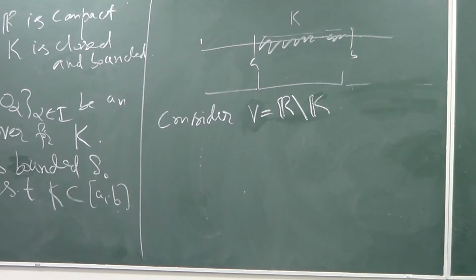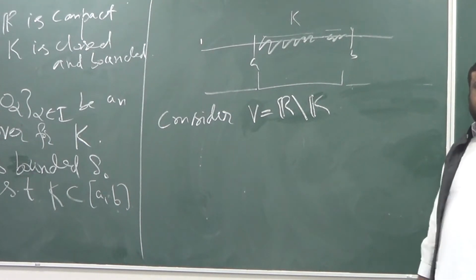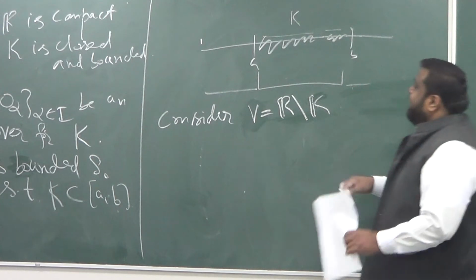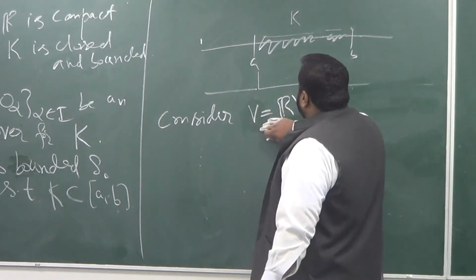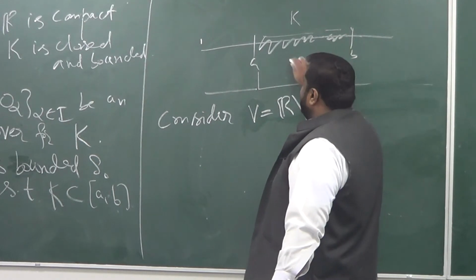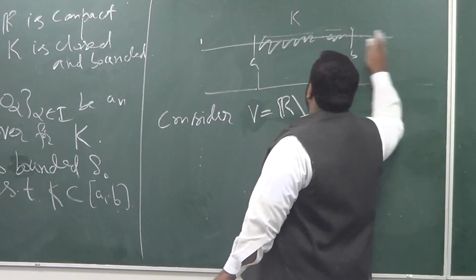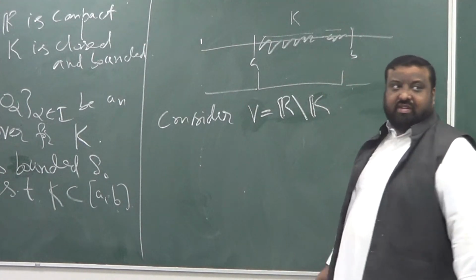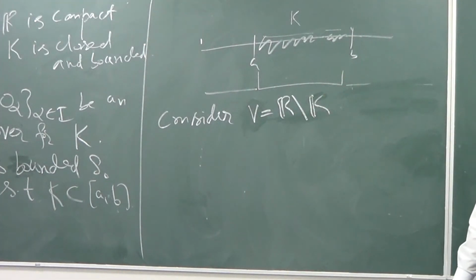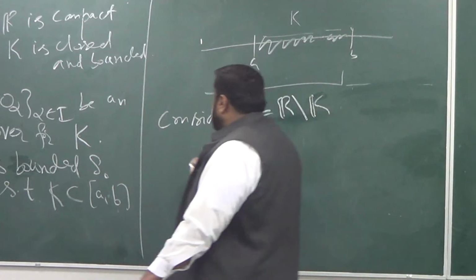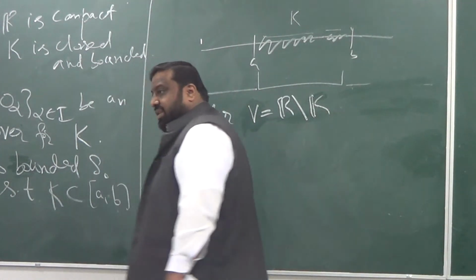Yes. Why? Because K is closed. So V is certainly open. V is everything except this K. So it's going to include this part and this part as well. It's going to cover everything. Now what does it mean?